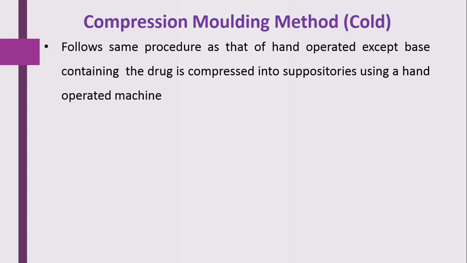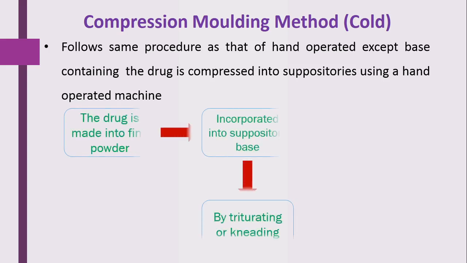So the process up to the preparation of the mass is the same as the hand operated molding method. You just see here these particular steps involved, which are the same as the previous method, that is the hand operated molding method.